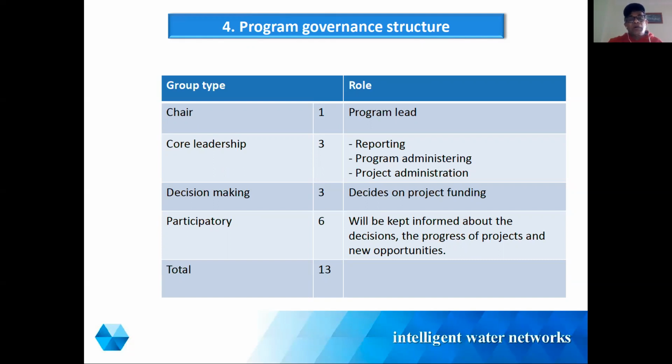The decision-making group is keen to decide on what projects to be funded. And we have the participatory group. Most of them want to sit in the participatory group. They just don't want to be actively involved in reporting or decision making. They just want to be kept in the loop, if you like. Okay.